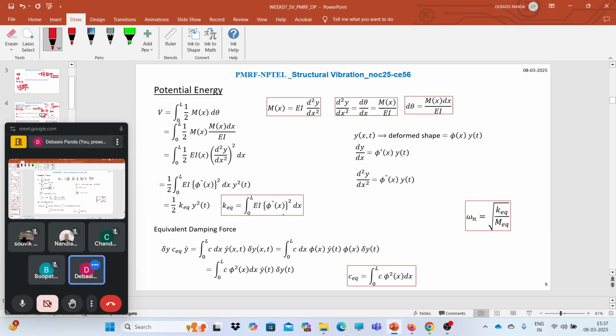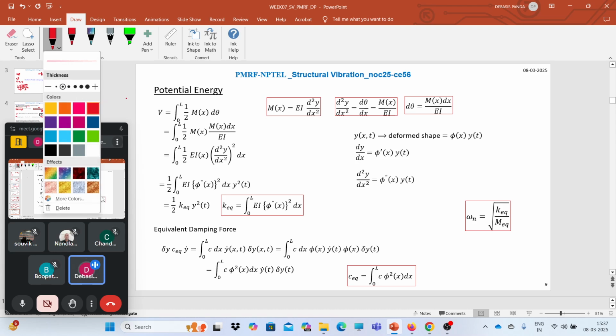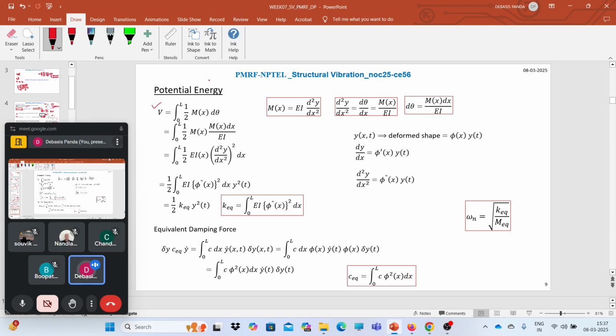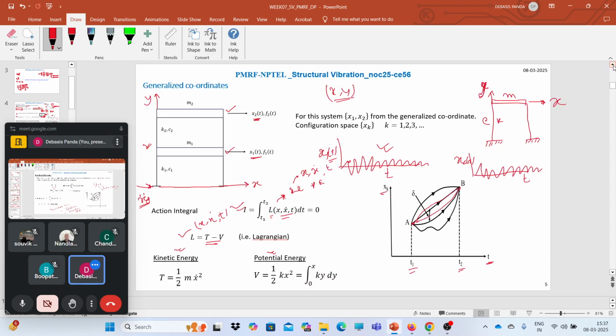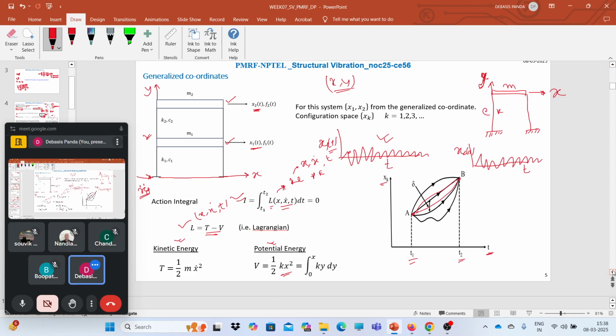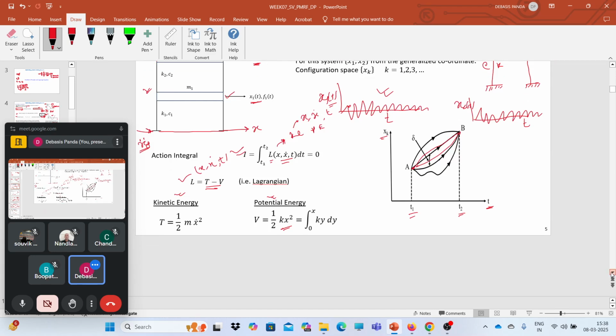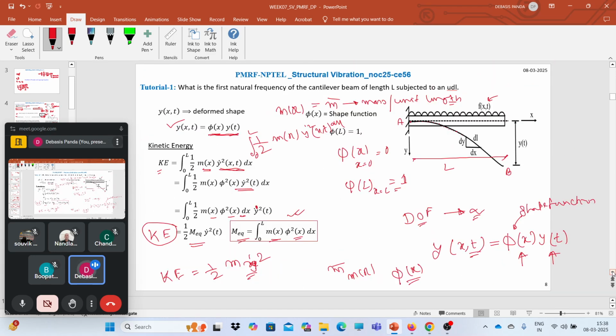Now, similarly, if we look into the potential energy, V is equal to half into k into x square. Here I have already defined it like that. Why? This is coming from the restoring force.